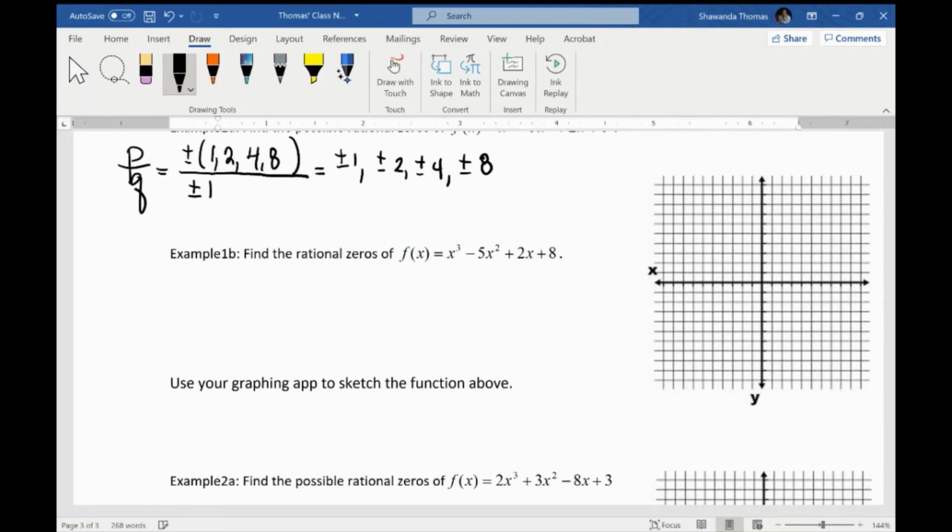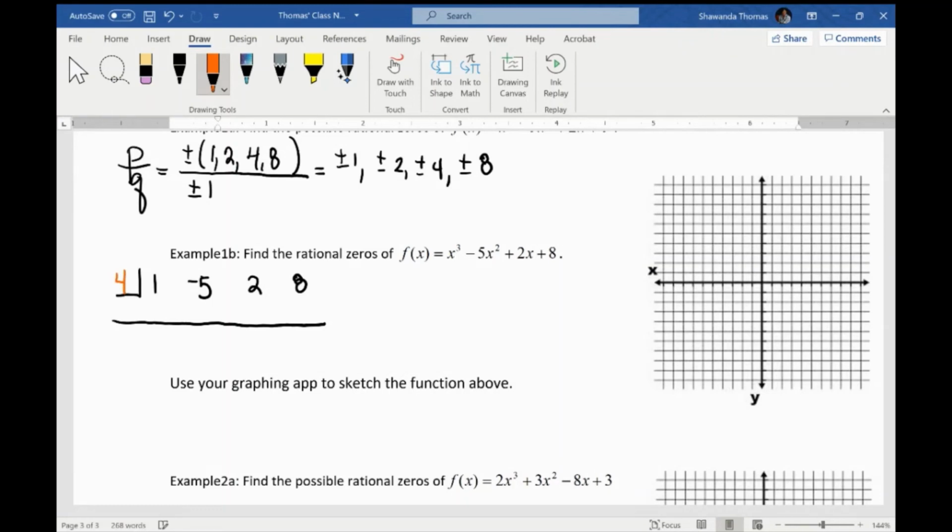You tell me what would be a good number to plug in synthetic division. Four. All right, 4 again.